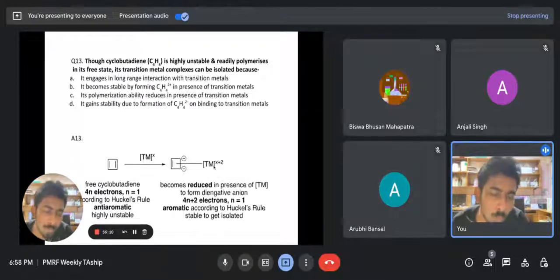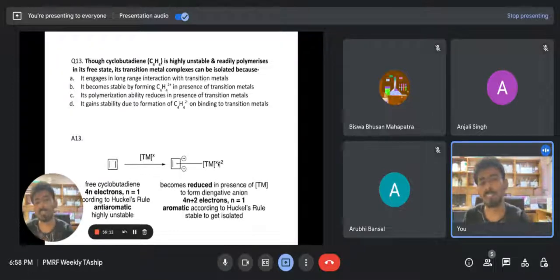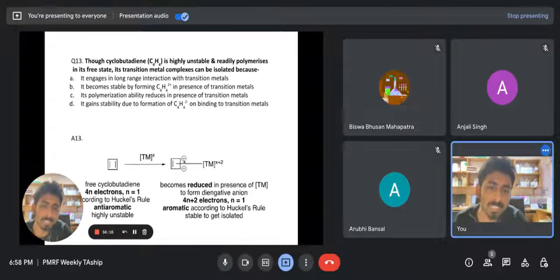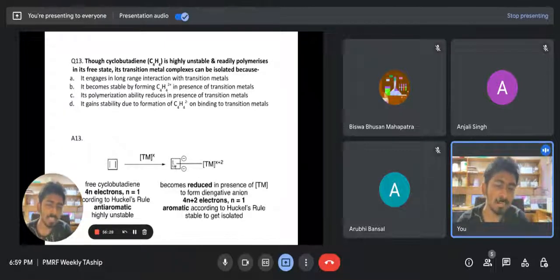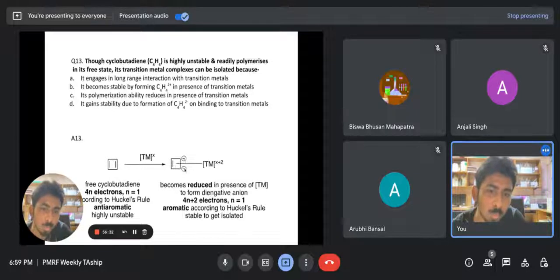So its oxidation state will be plus 2 from the previous one, so it will be TM X plus 2, and now it acts as a dianion. So from C4H4 it becomes C4H4 2 minus on binding to the transition metal. Now this negative charge can undergo free resonance with the entire ring, and you can see there are 6 electrons. So here it is 2, and here 2 to 4, and 4 to 6 electrons.